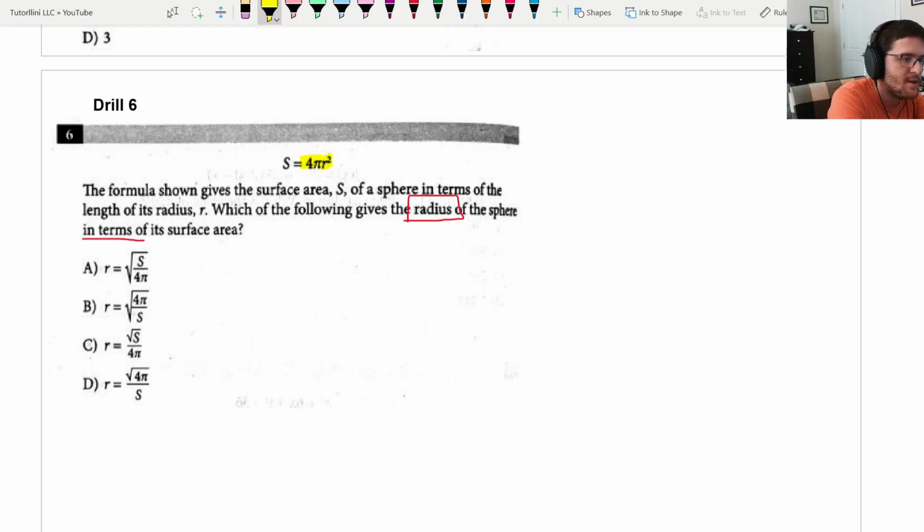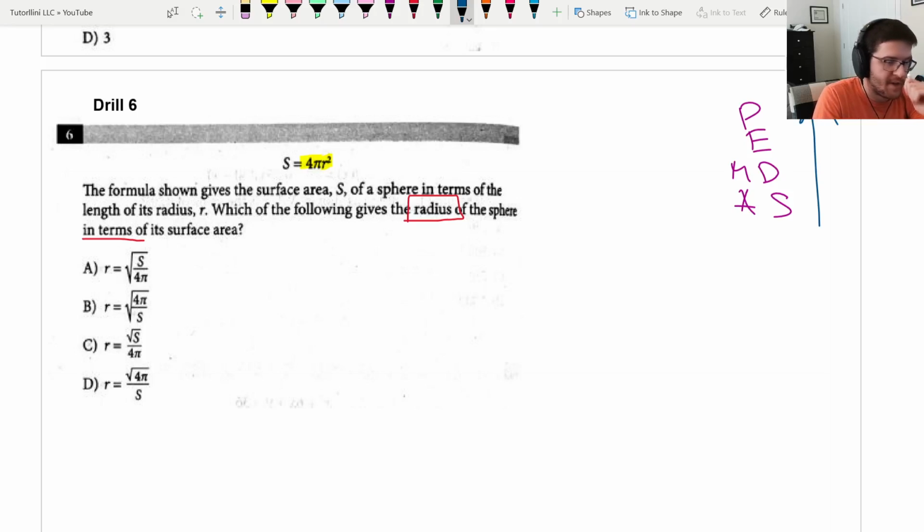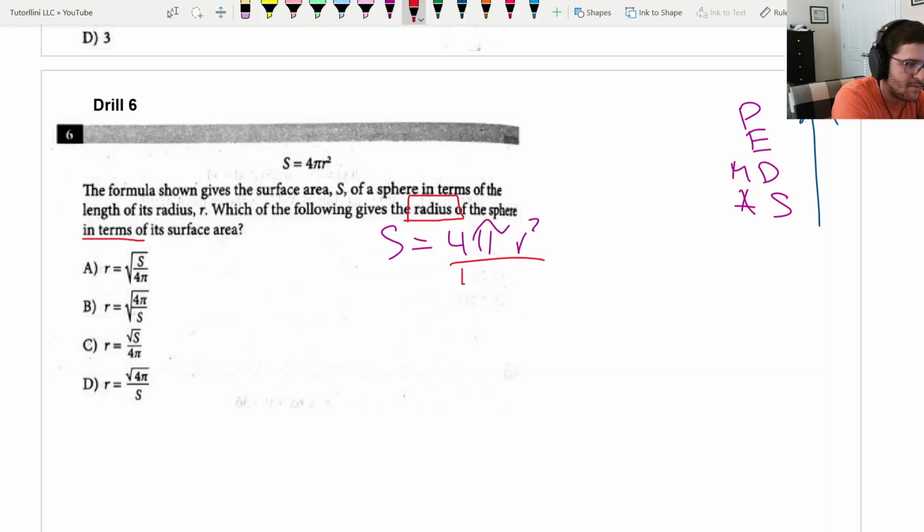When you're doing algebra, it's not always this simple, but a lot of the time you can use the reverse of PEMDAS to help you figure out. So first we see if there's any addition and subtraction. There is not. Then we see if there's any multiplication or division. Oh, okay, I'm multiplying by 4 pi. So we're going to divide both sides by 4 pi because the opposite of multiplication is division.